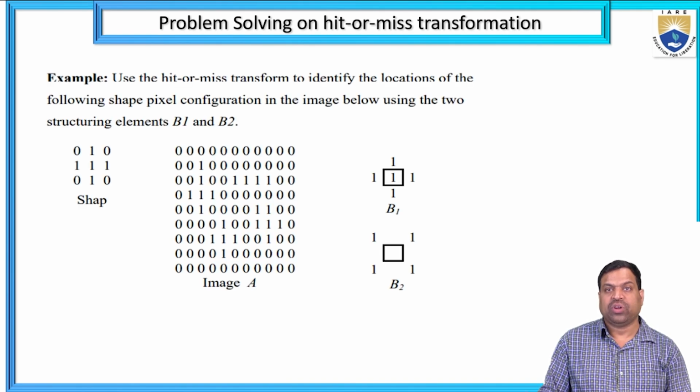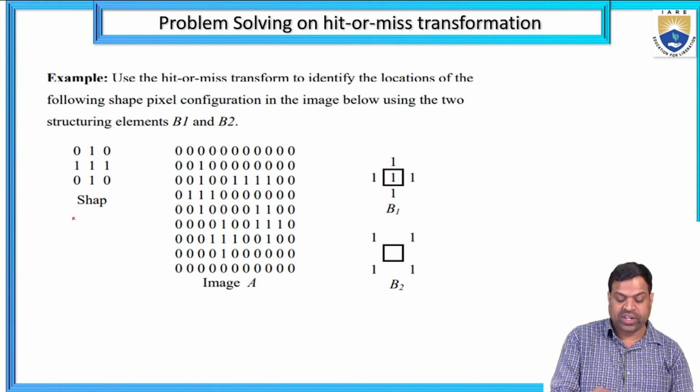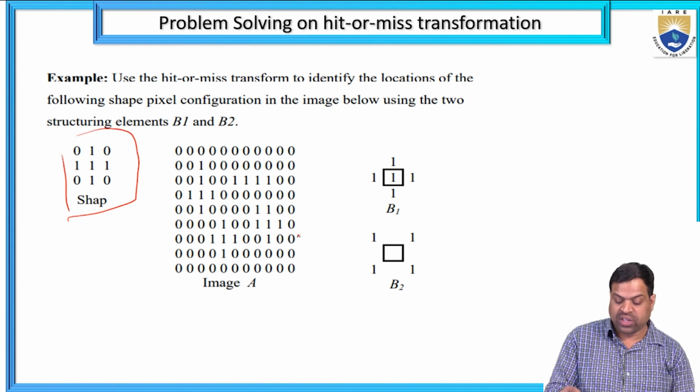Here is one example of a hit-or-miss transform to identify the locations of the following pixel configuration shape in the image below, using the 2 structuring elements B1 and B2. It is a sharper image. Here is the input image. B1 is the object. B2 is the background, where nothing is there, no object.